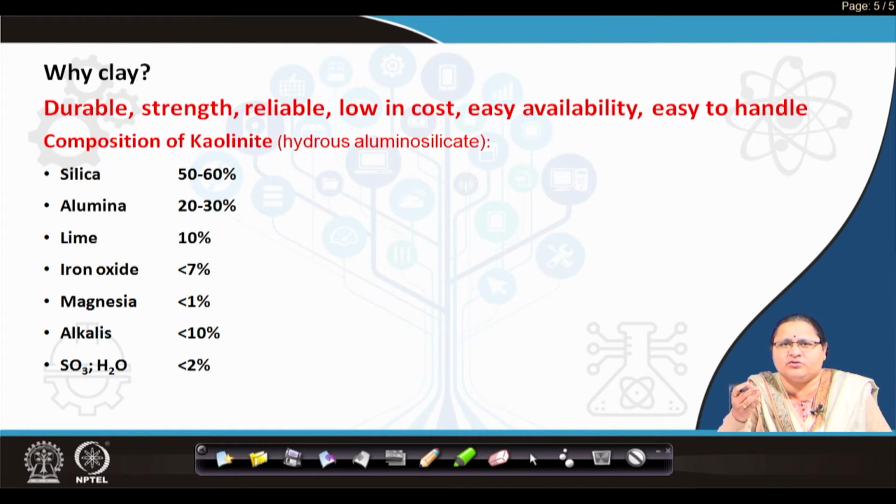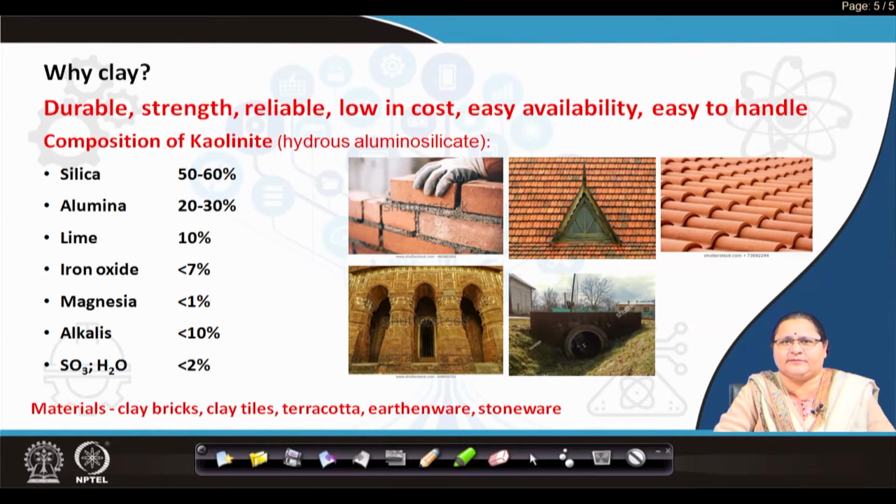Now, what are the usual materials which we make out of clay? The most commonly used as the building material, as we see in our country context, is brick. We move through the countryside and we find the application of clay tiles, as you can see in the next two pictures. They are again of a different shape.